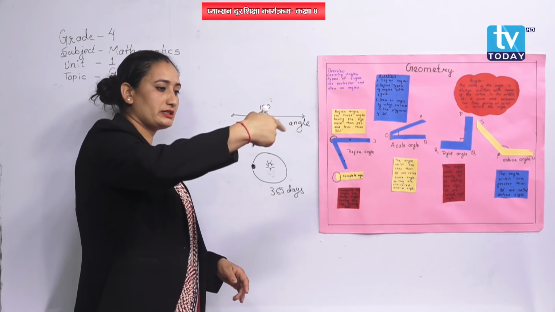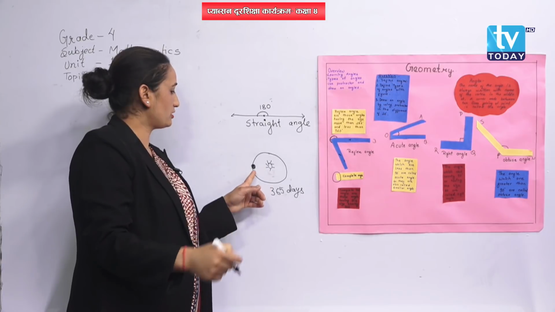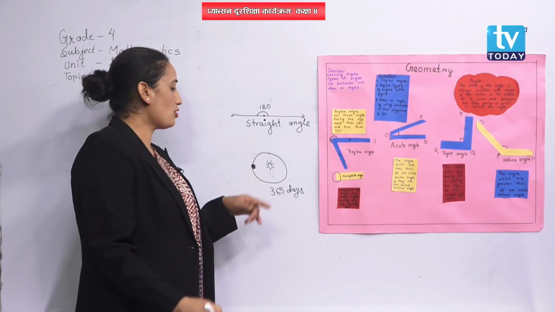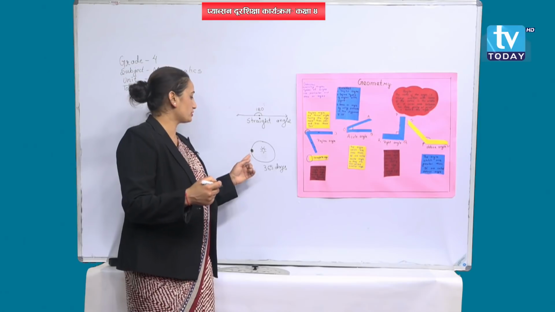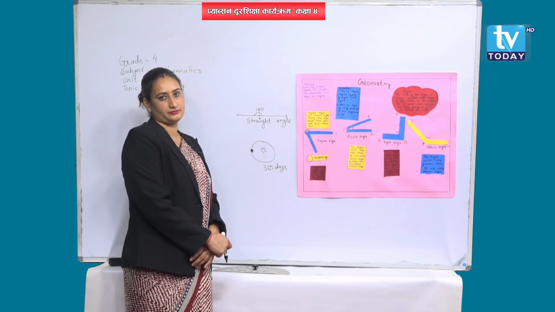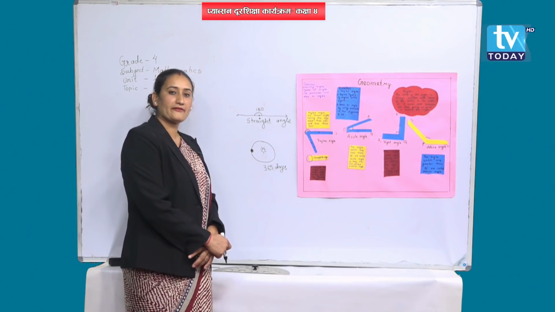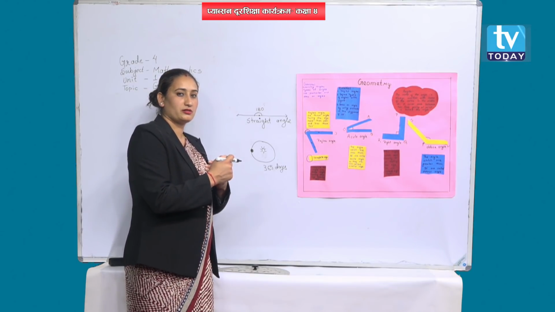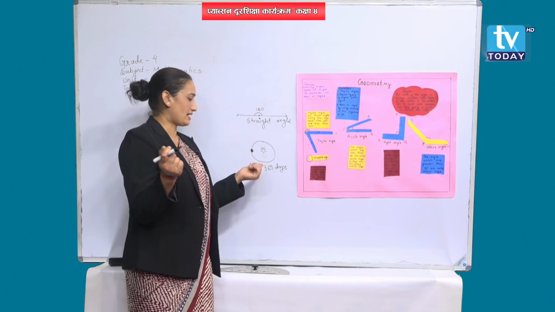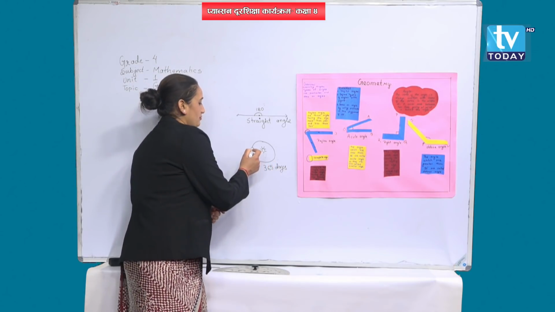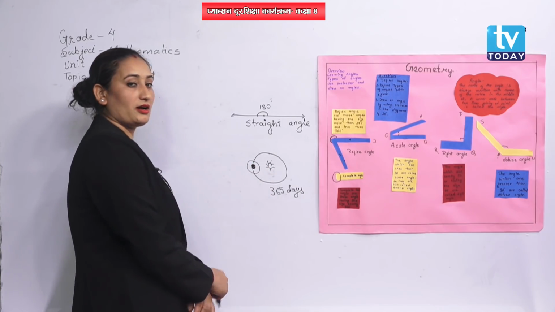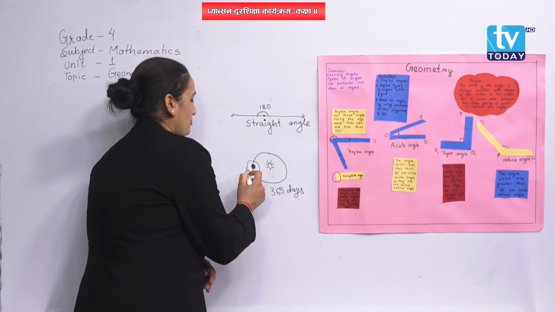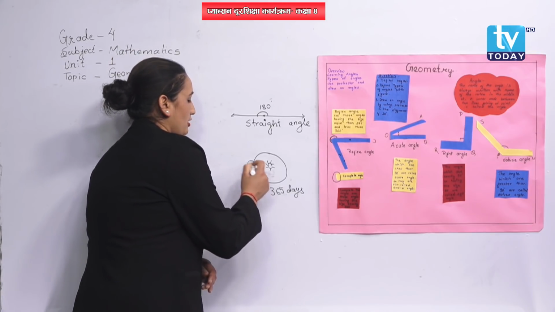The moon rotates around the earth. How long does it take to rotate around the earth? The moon has its own moving time. How many days will it take to cover one complete turn?